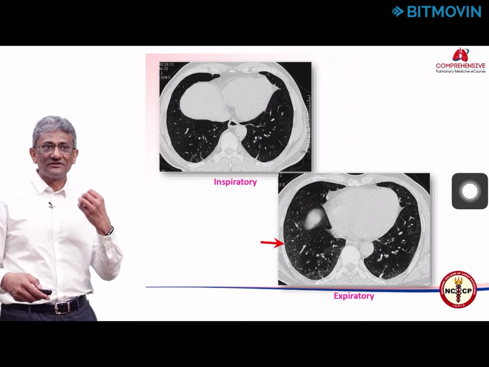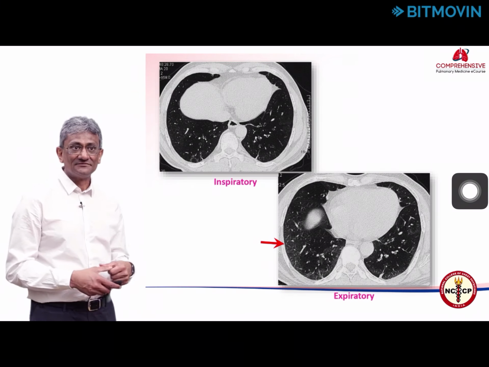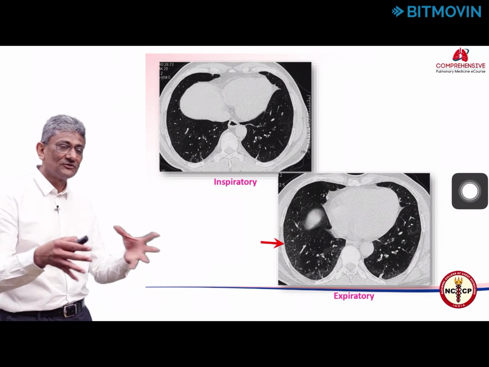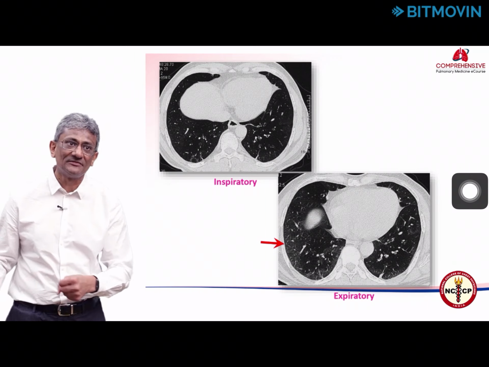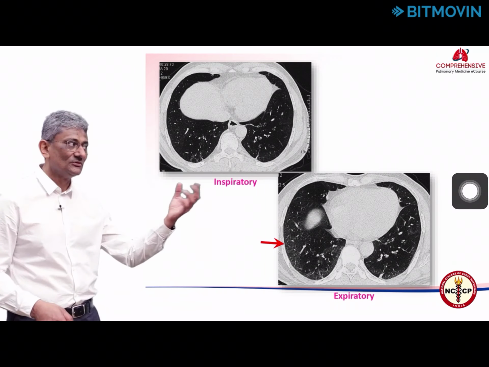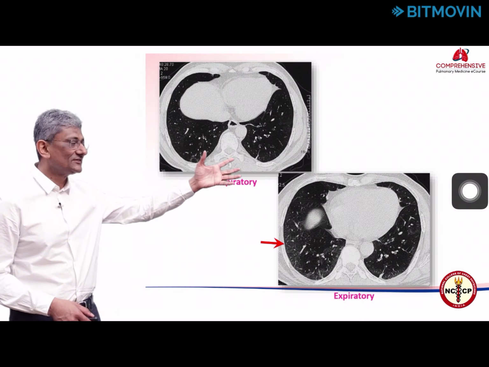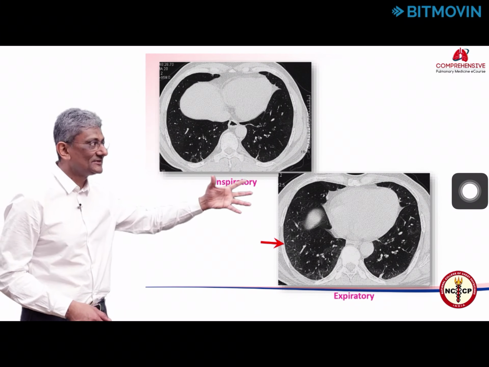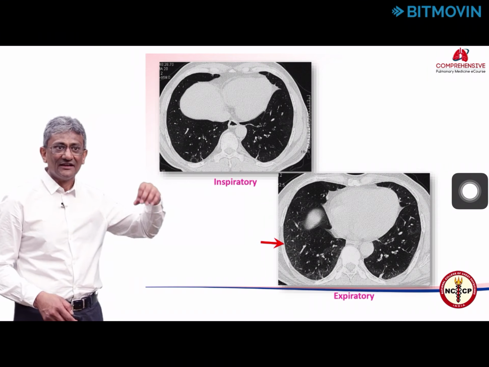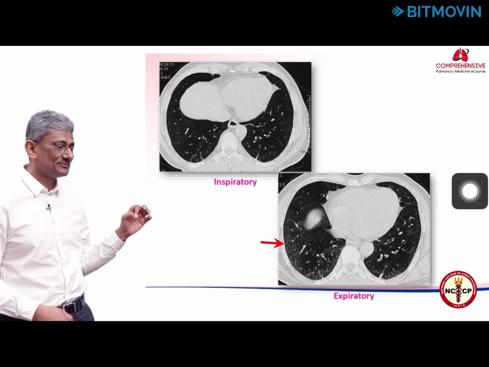Of course, we need to differentiate ground glass from small airways disease and chronic pulmonary thromboembolism, which we do with the help of expiratory images. If you see the inspiratory image on the top, basically we are seeing areas of increased lucency with some increased density at the periphery.